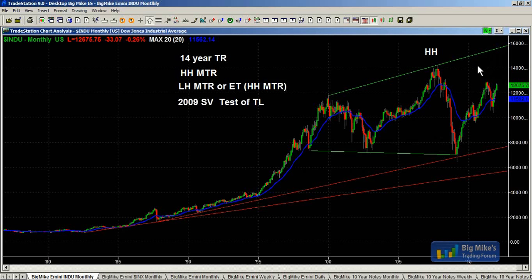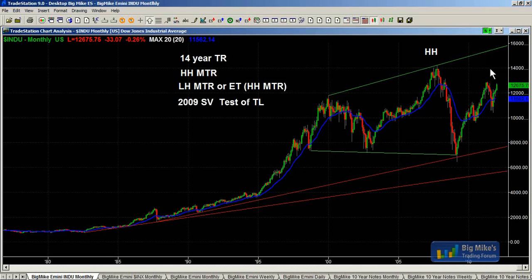However, I do think that the odds of the market getting above the all-time highs are increasing. If the market does get above the all-time high and turns down, it will have 3 pushes up, one over here in 2000, and then one over here, 2007, and then a third push up to a new high, maybe sometime in the next year or 2 or 3.